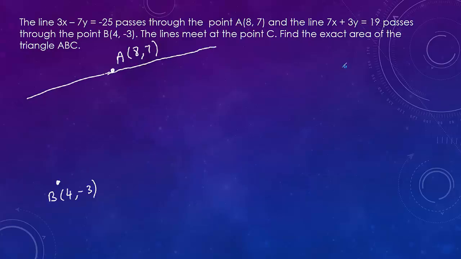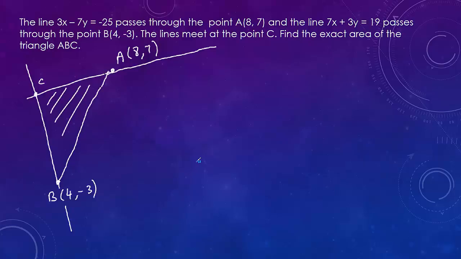And then this one here, if we rearranged, would have a gradient of negative 7/3. So that would come upwards like this. So they're going to meet at this point here, which is C. And then we're going to form a triangle, and we want the area of that triangle.